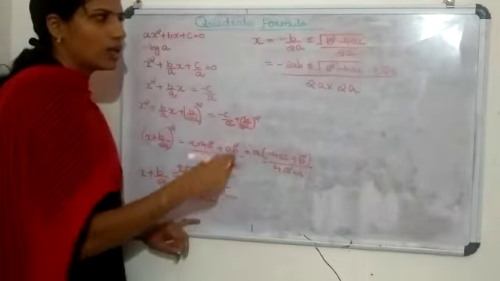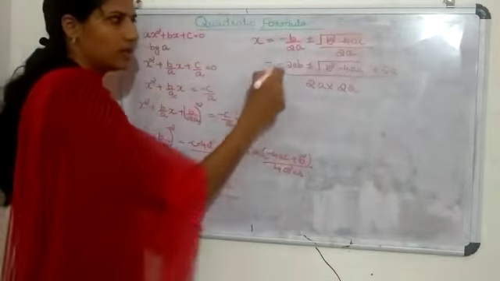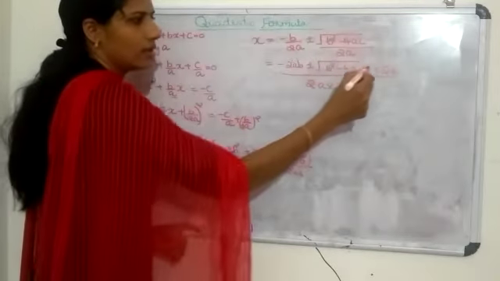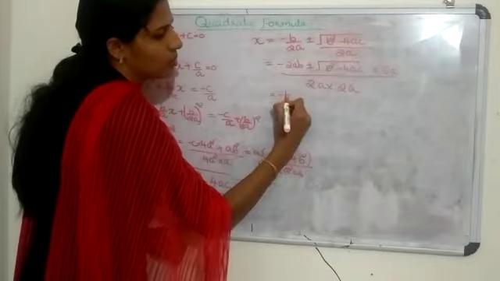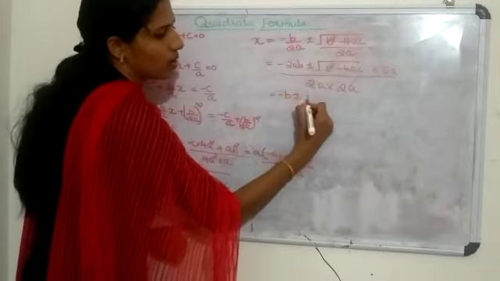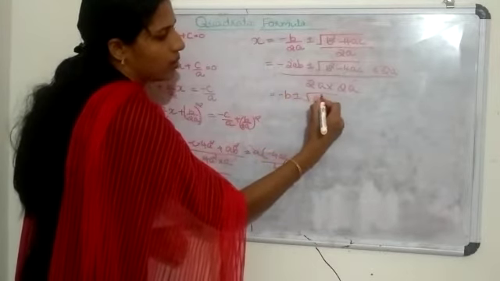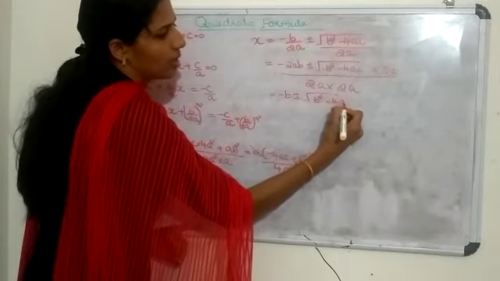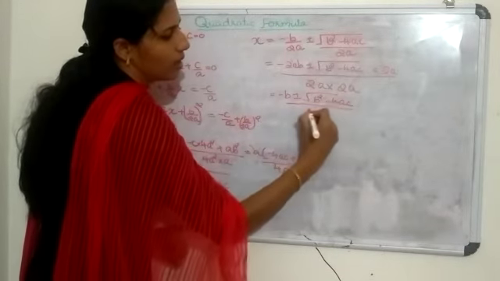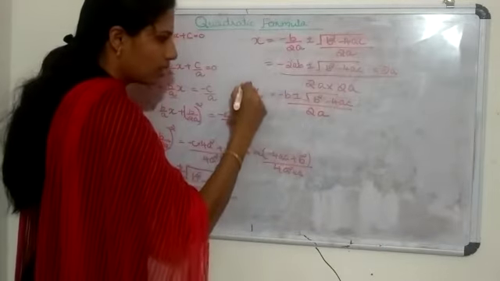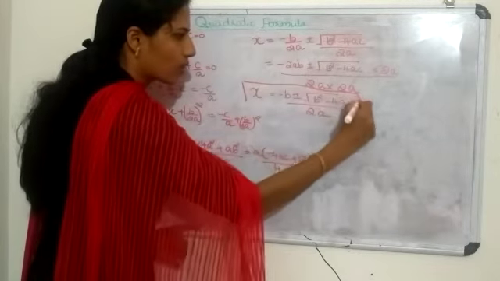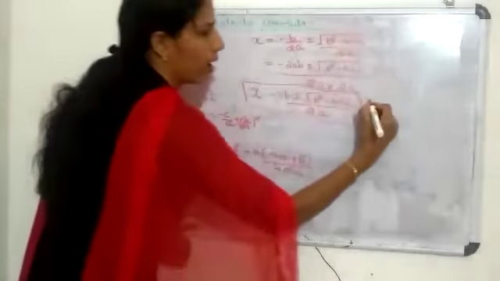When taking the 2a terms outside, this 2a will be cancelled. So the remaining is x equal to minus b plus or minus square root of b square minus 4ac divided by 2a. This is called our quadratic formula.